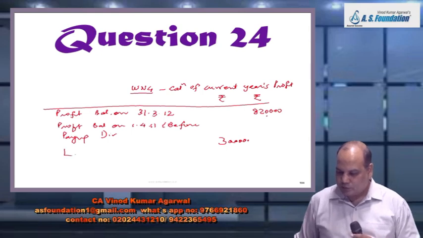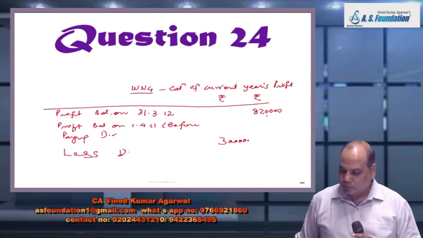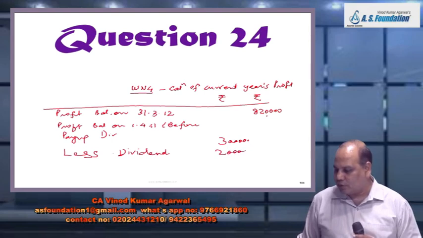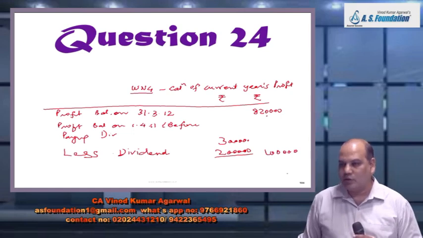And then write down less dividend paid. Out of 3 lakh, dividend paid was 2 lakh, 10% of 20 lakh. So opening profit that is remaining in retained earning account is 1 lakh. Okay.